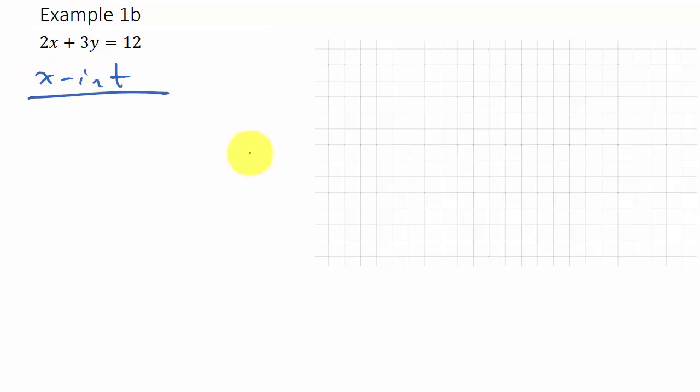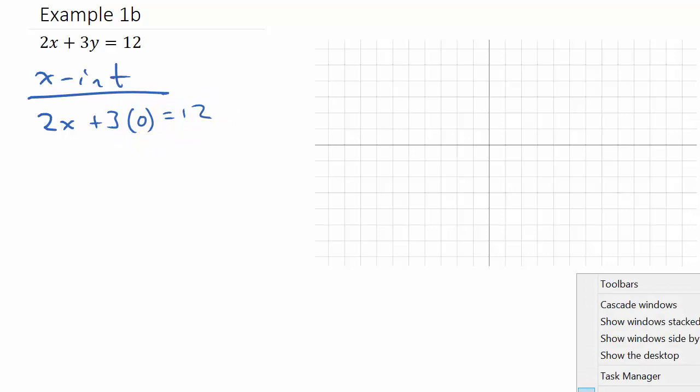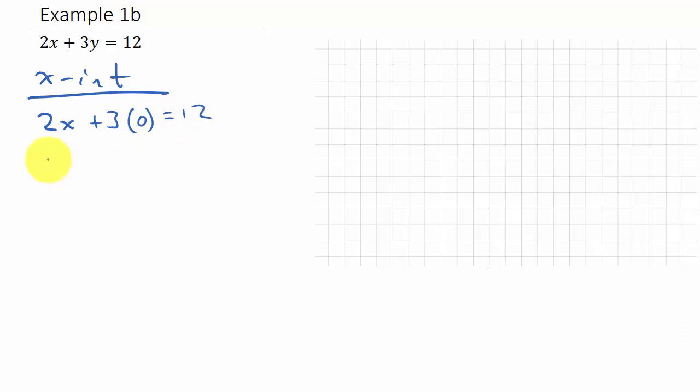So let's go ahead and find the x-intercept. To find the x-intercept, remember, you replace y with 0, so that's 2x plus 3y, and in the place of y we're going to put 0, equals 12, and then you solve for x. So this is 2x, 3 times 0 is 0, so you get 2x equals 12, divide by 2, you get x equals 6.